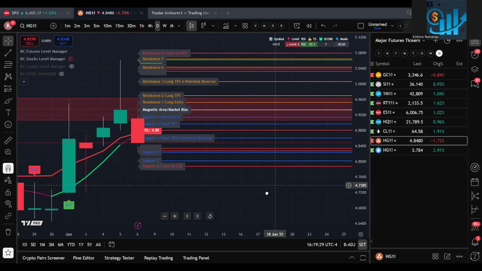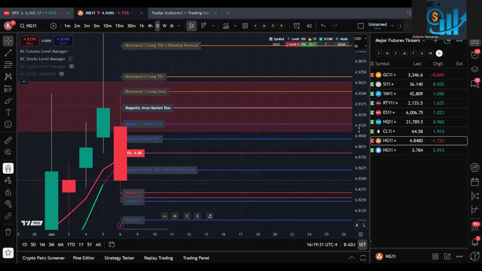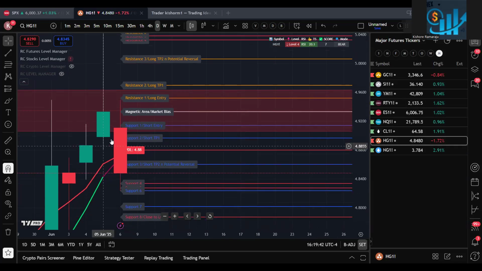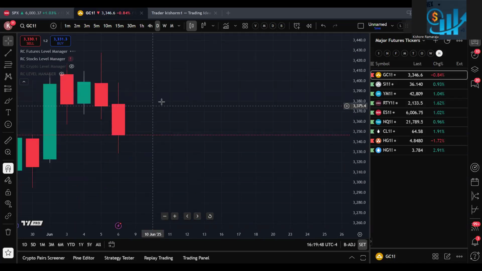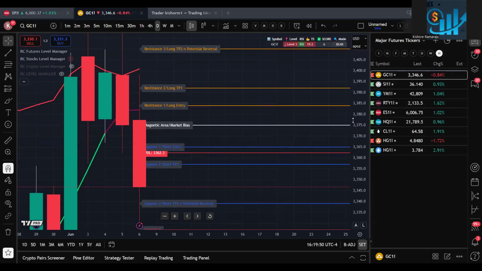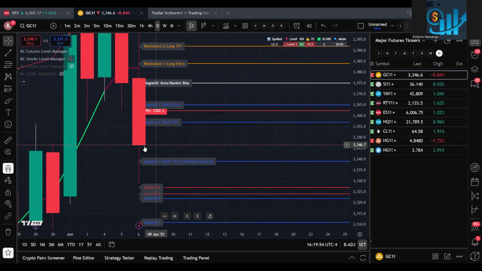So whenever you want to plan for the next day, you see, okay, this one is my scenario 2. Completely my open is below the magnetic area, my close is below the magnetic area. That means this is the best opportunity for shorts. Here my open was a little bit above the magnetic area, but my close is below the magnetic area.